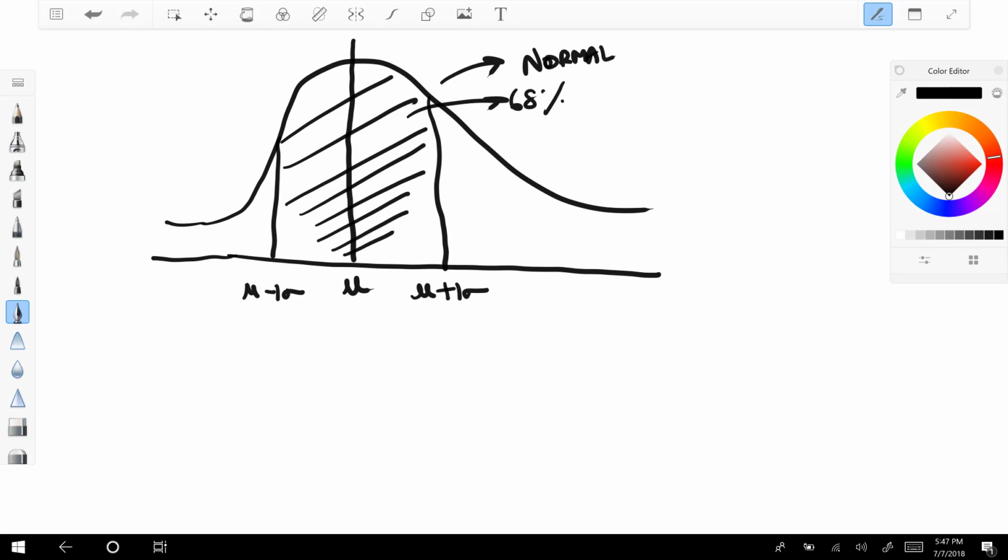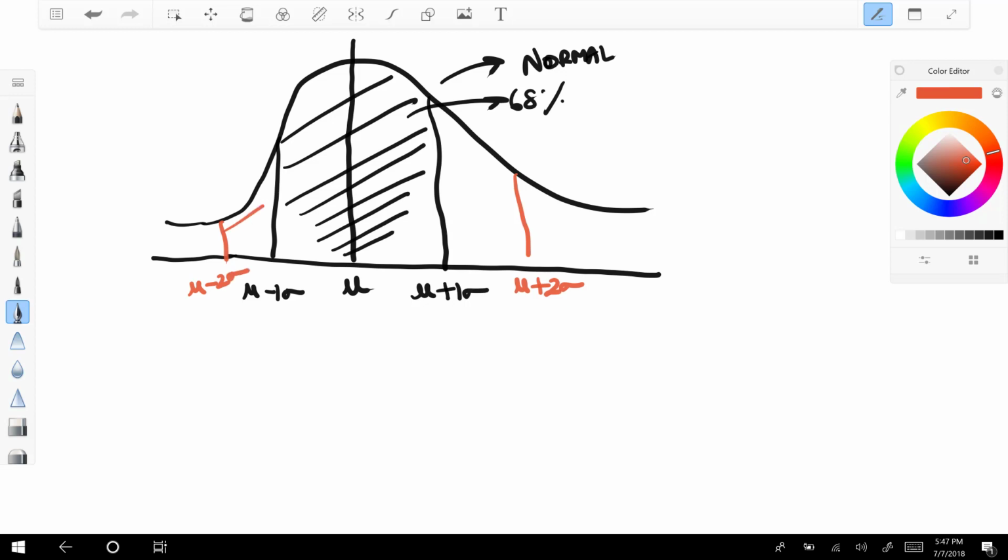And then if we have two standard deviations, this is mu plus 2 sigma and this is mu minus 2 sigma.